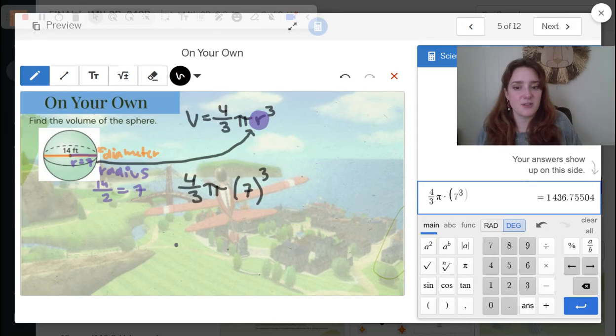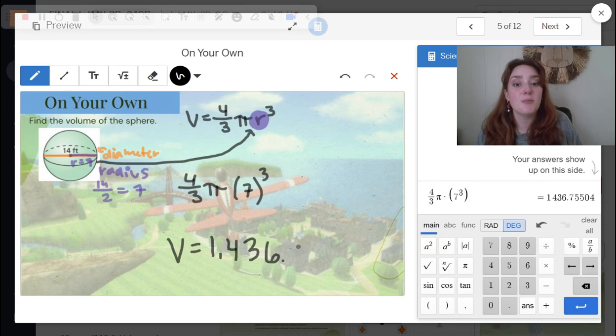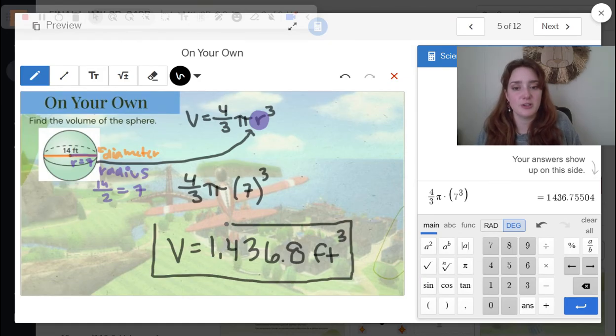All right, so the volume of this sphere is 1,436.8, rounding to the nearest tenth. This is feet, and because we're talking about volume, the units are cubed. Units are cubed for volume. If you got that also, pat on the back, nicely done.